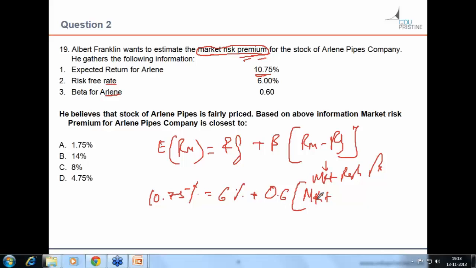It's just substituting the values and you have the answer. This way we easily get the answer. So the answer comes to 7.92%, which is closest to 8%. So the answer is C.